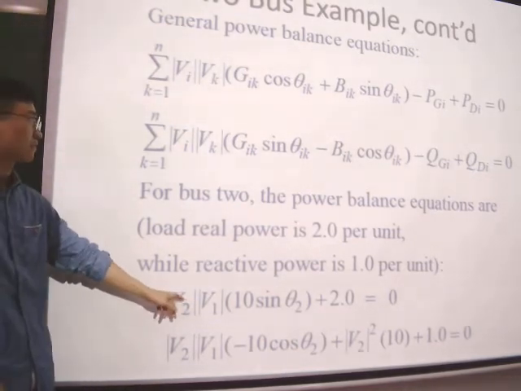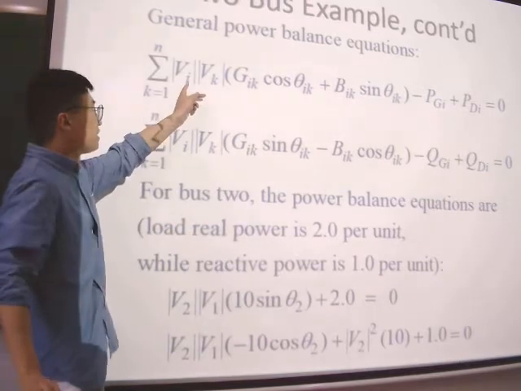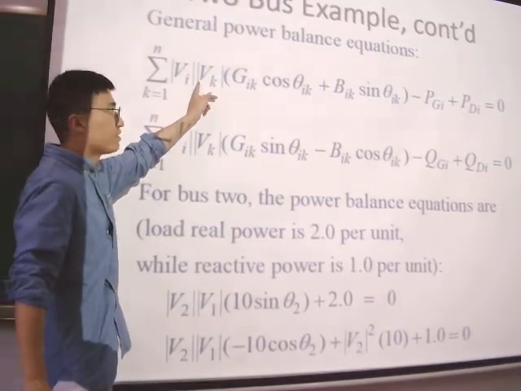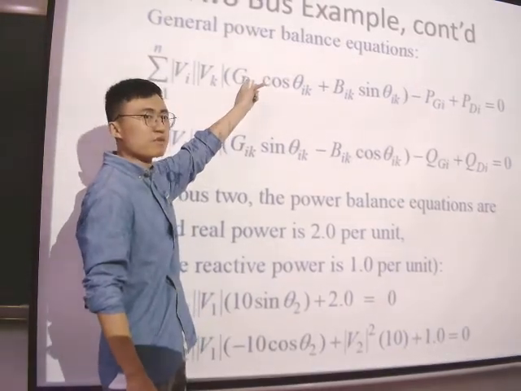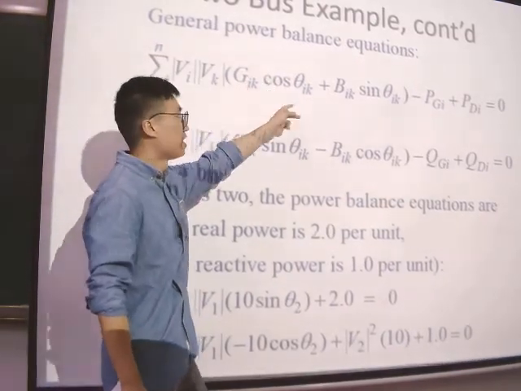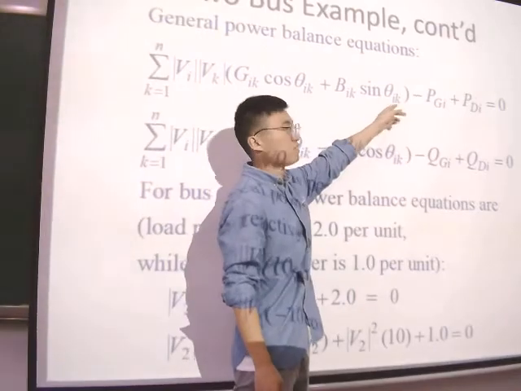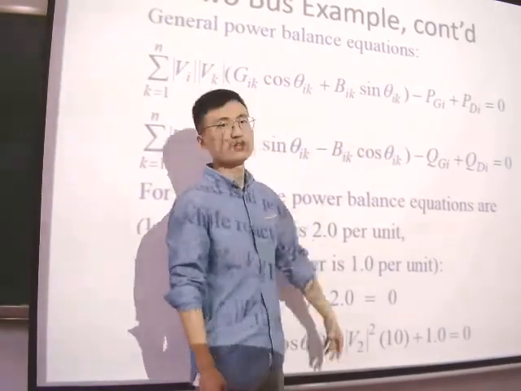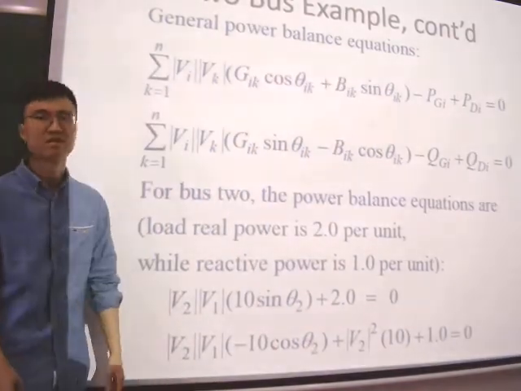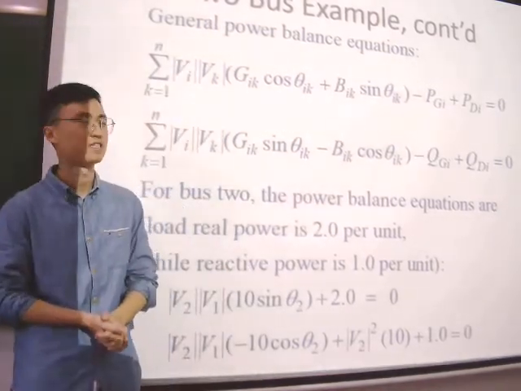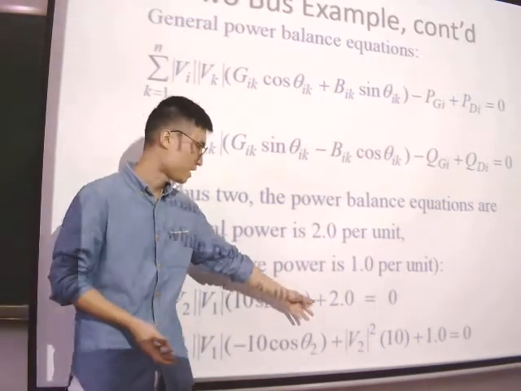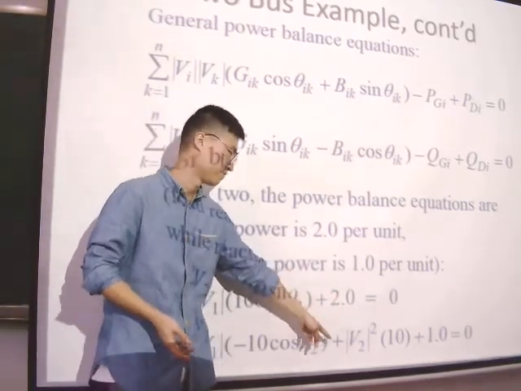And for this function, you can say that V2 squared, right? Because here is 0, right? Because there is no conductance. And then for here, theta 2 is 0, sine 0 is 0, but cosine 0 is 1, right? So that's why here there is no square of the V2.